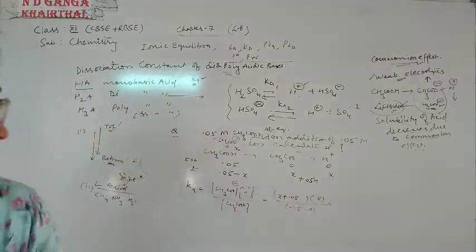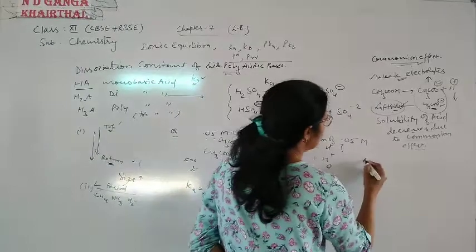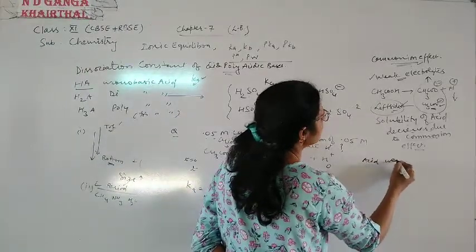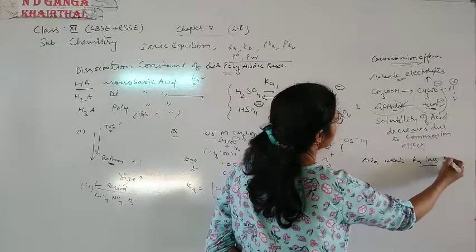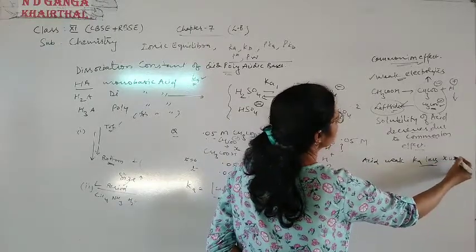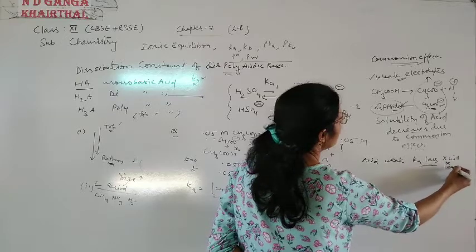We know that the acid is weak, so Ka will be less, and if Ka is less, X will be less.